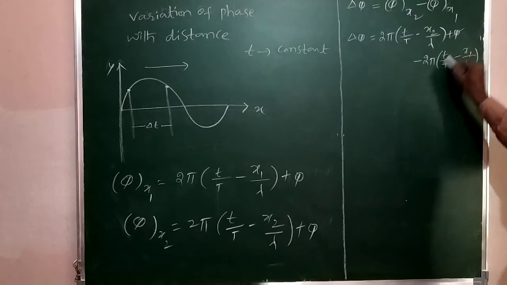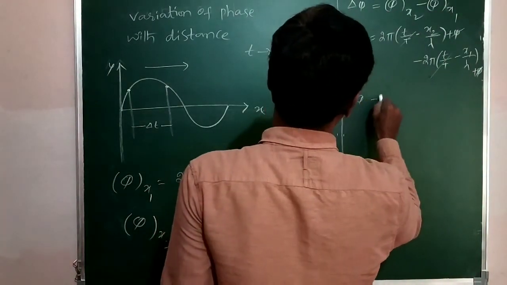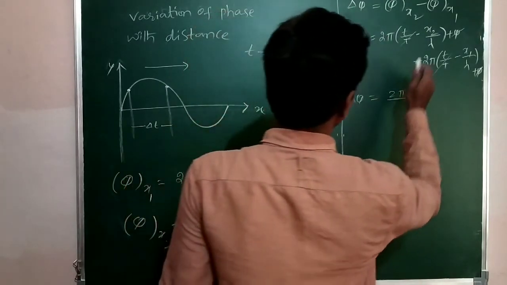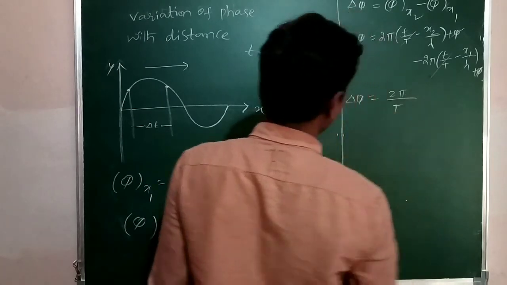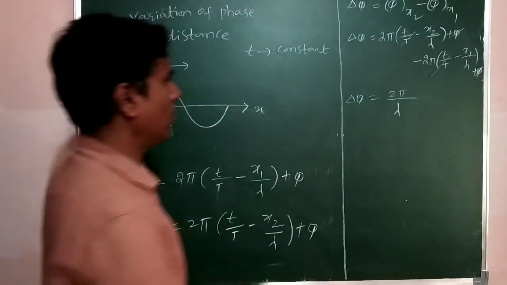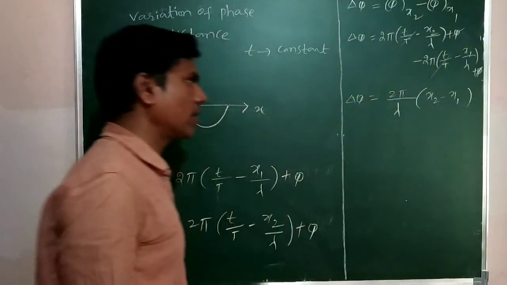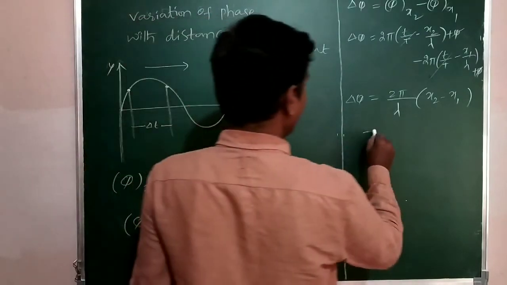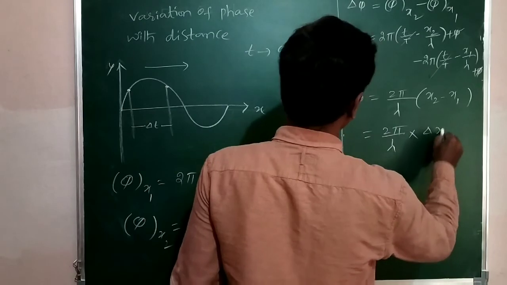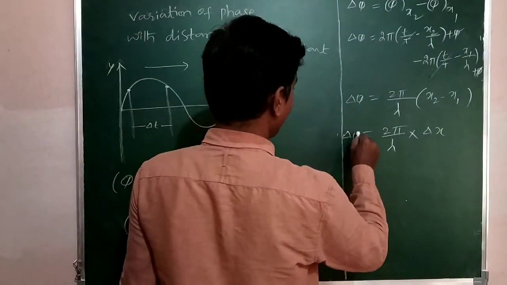Here t by T cancels. The remaining part is delta phi equals 2 pi by lambda, taking common, of x2 minus x1. Here 2 pi by lambda into delta x, the change in distance, that is delta phi.